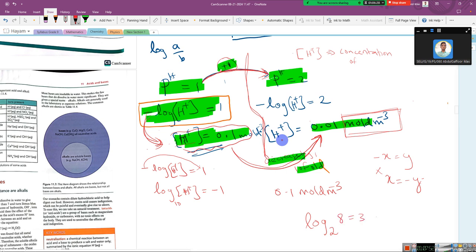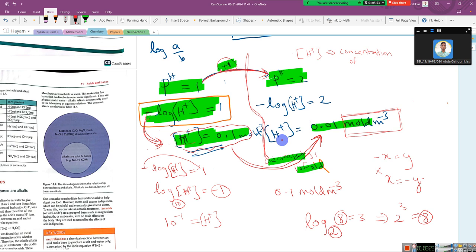How can you write this? 2 power 3 is equal to 8. So instead of 2 we have 10, and instead of 8 we have -1, and instead of the 3 we have H plus. So can we write H plus concentration is equal to 10 power minus 1? Do you agree with this?